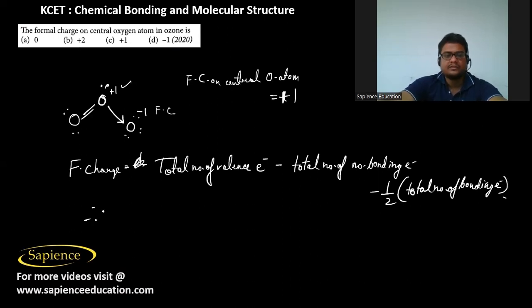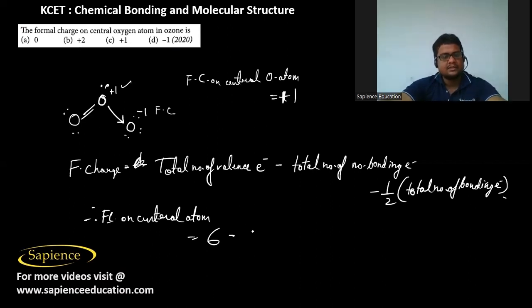So here, the formal charge on the central oxygen atom will be equal to the total number of valence electrons, which is 1, 2, 3, 4, 5, 6, so 6, minus the total number of non-bonding electrons, which is 2, minus half of the total number of bonding electrons, which is 6.